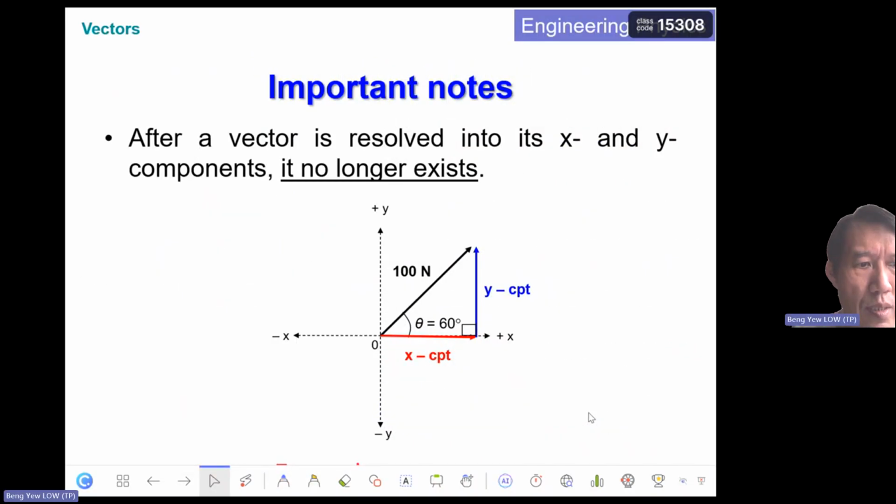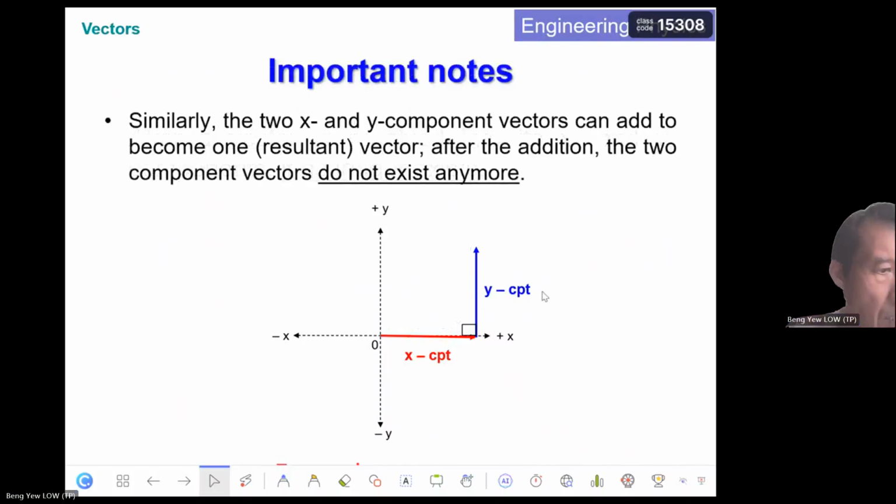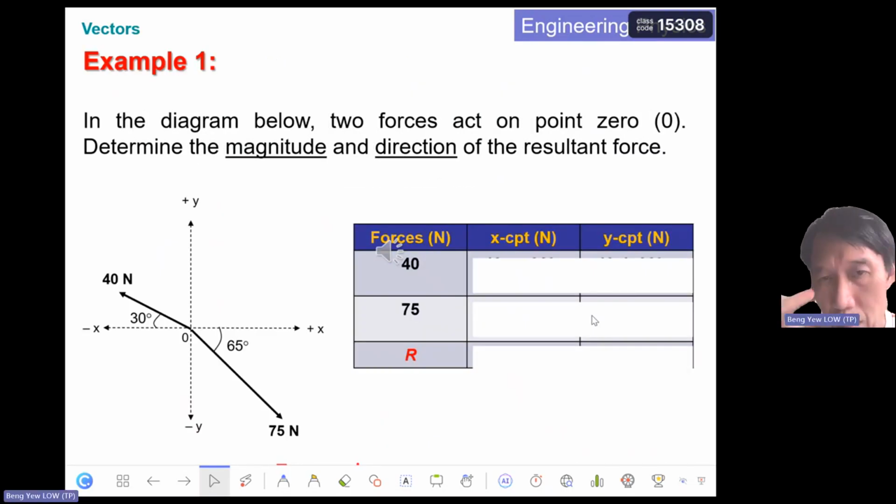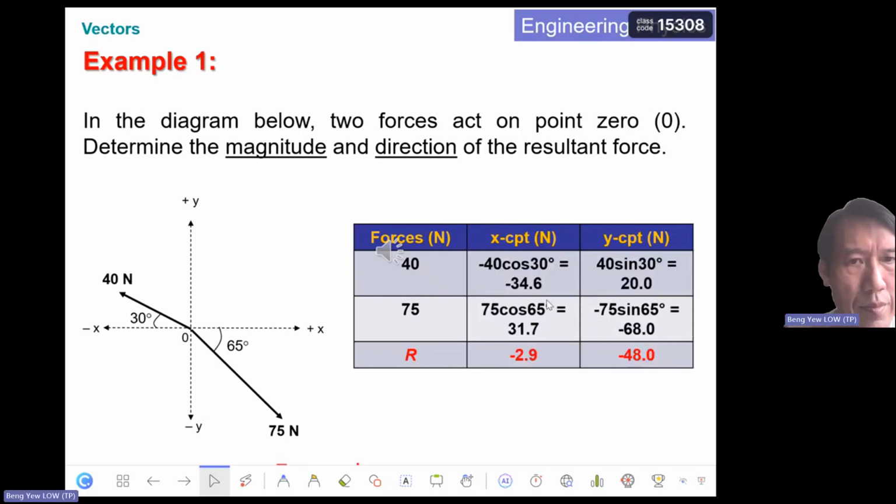It is important to note that by resolving a vector into its x and y components, the vector no longer exists. Likewise, if we combine the x and y components to obtain the resultant vector, then the component vectors do not exist anymore.